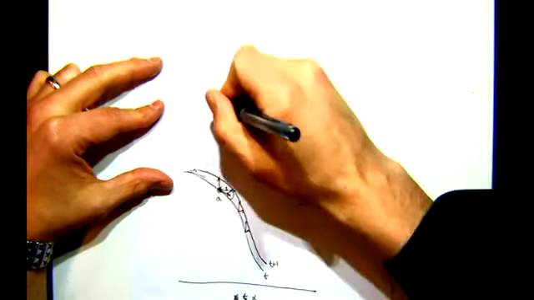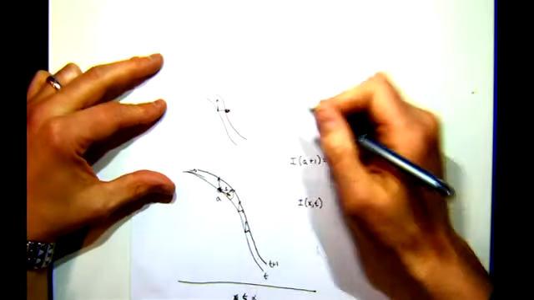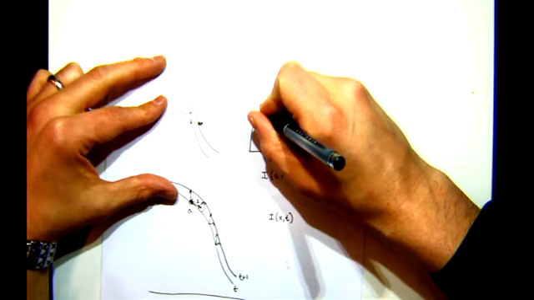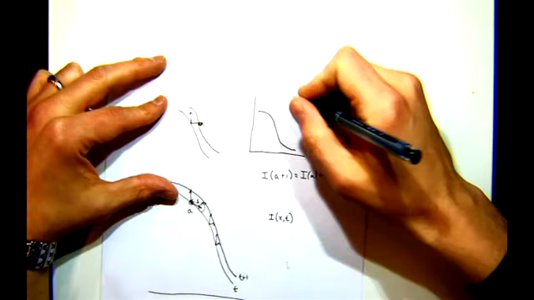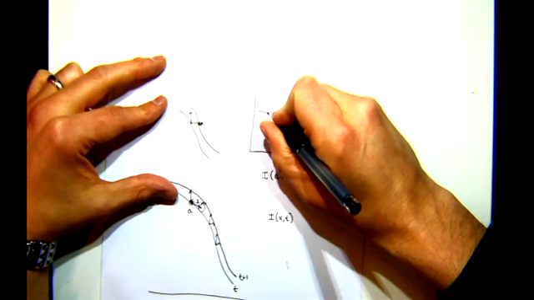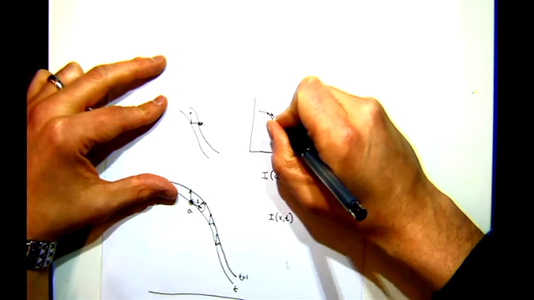Let me just illustrate this a little bit differently. Let me go back to my pure one-dimensional plot. If I'm here and I'm estimating the position of the next point based on the gradient, my guess is going to be a little bit above where the line is.